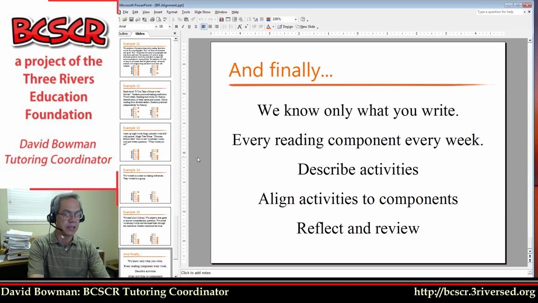And ultimately, we say this all along, and it is just as true now as it was at the beginning. The whole point of the BCSCR tutoring project is to help kids make the very best possible gains in their reading ability. And we know that regularly addressing the 6 components is a necessary part of that process.